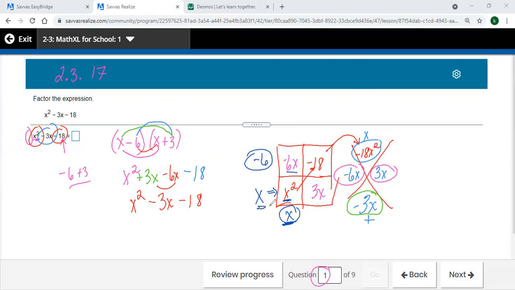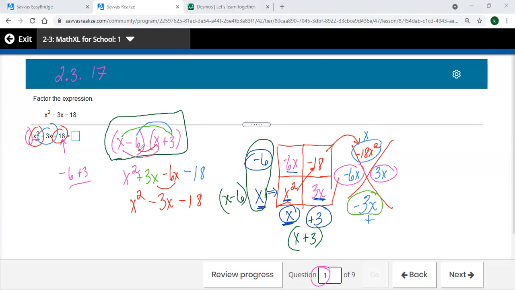We just have one left. This x times whatever we put down here has to make this 3x, so that'd be a 3. And so my factored form, on the left side this would correspond to x - 6, and on the bottom, this being a +3, x + 3. And you see that comes out to the same thing we had over here.